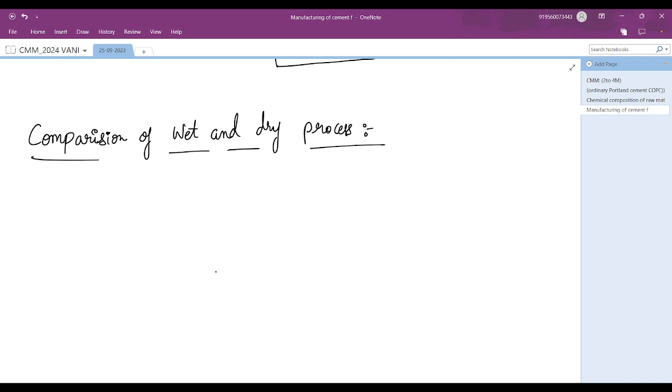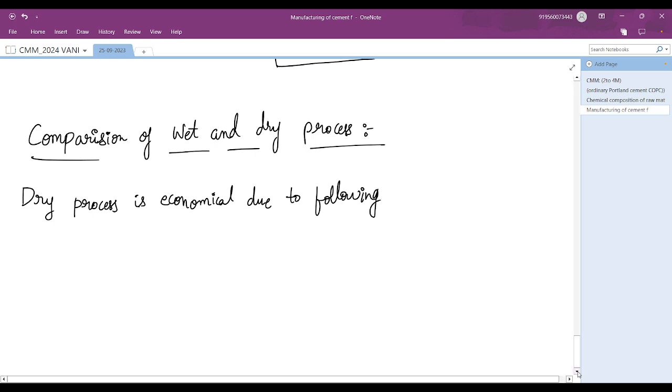The dry process is economical due to the following. So why is the dry process economical?